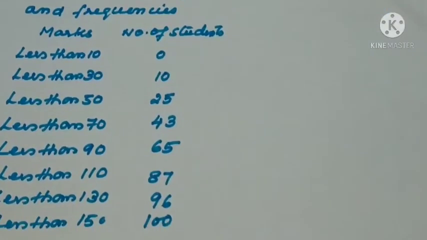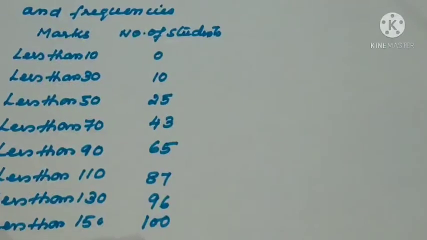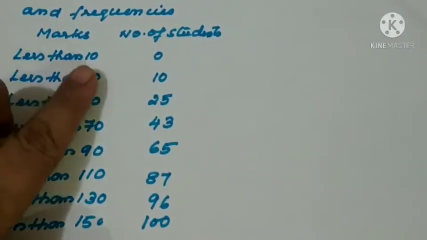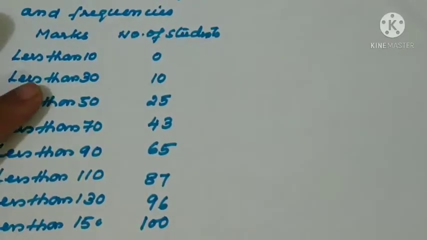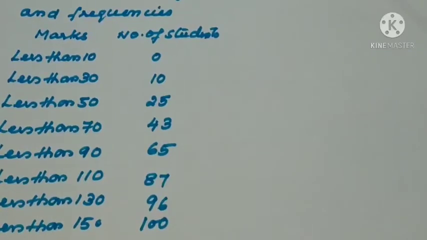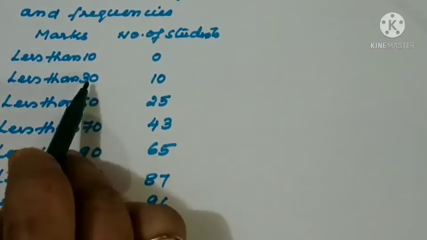So the total number of students in the class is 100. What is the meaning of less than 10 and less than 30? Less than 10 means the students who scored less than 10 only. Less than 30 means the students who scored less than 30, and if we consider less than 30, less than 10 is also included, isn't it?